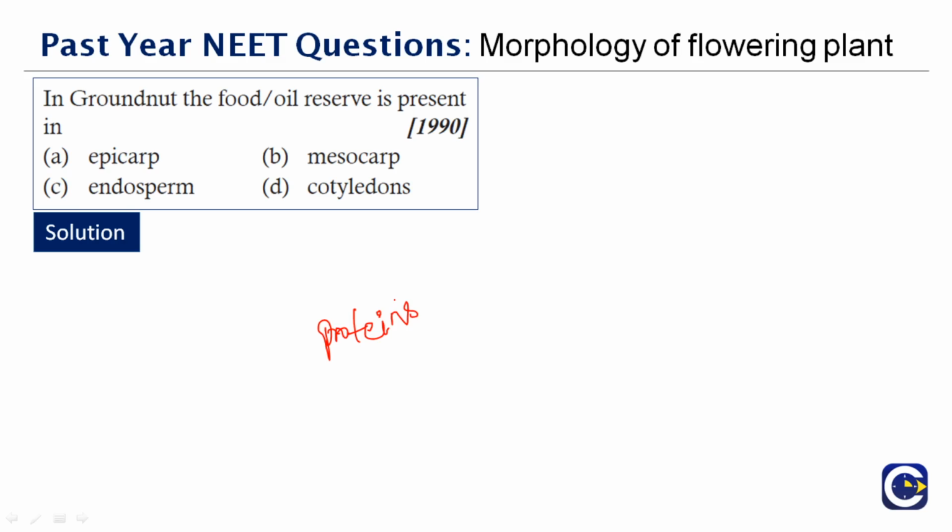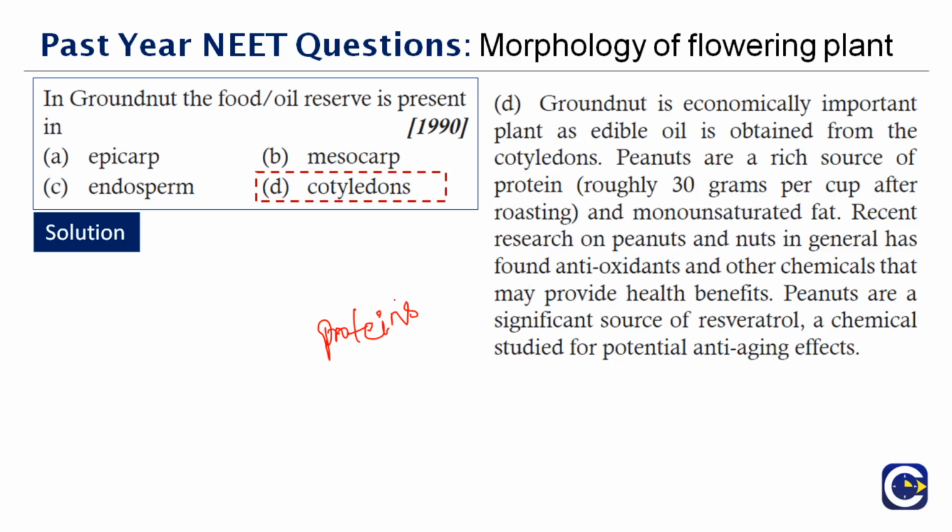Recently, research on peanuts and nuts in general has found antioxidants and other chemicals that may provide health benefits. Peanuts have a lot of energy reserve in them, and a chemical studied for potential anti-aging effect. So it also has an antioxidant property. Therefore, where is that reserve present? In the cotyledons.